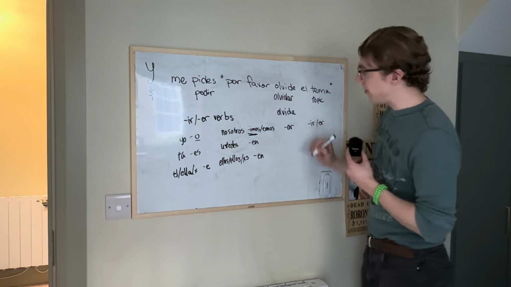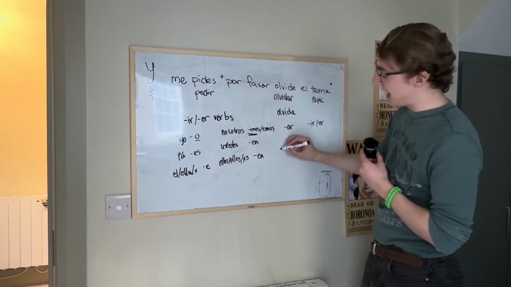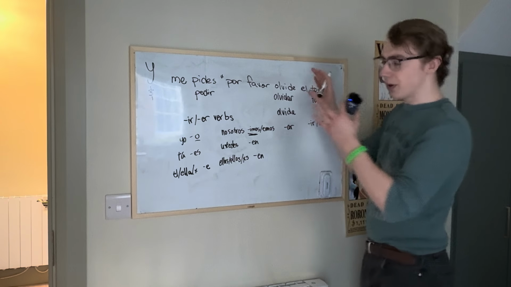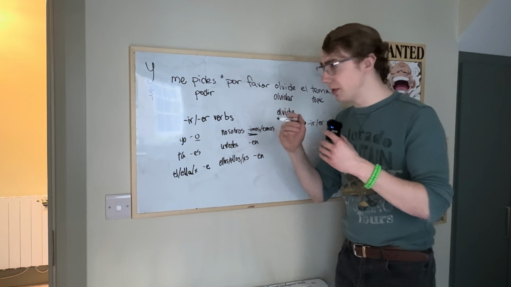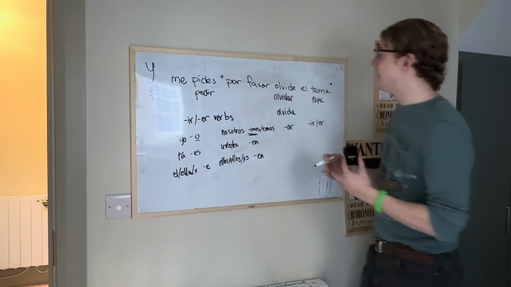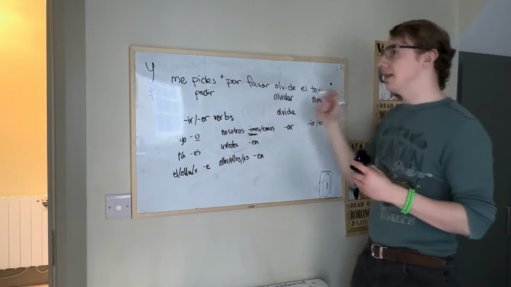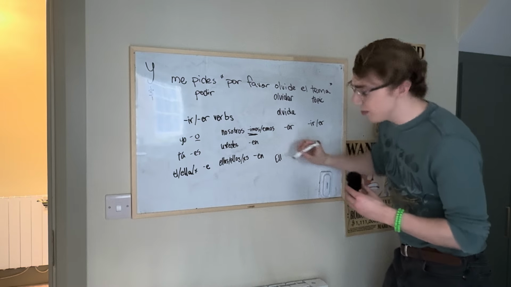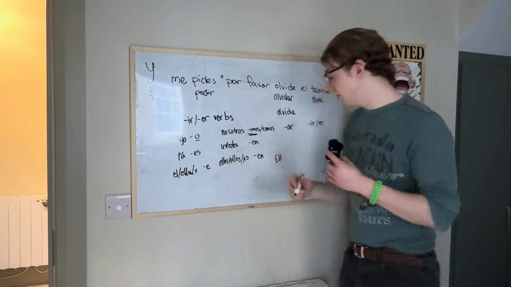So, for example, what's being described here? This person, the listener to this song, the person to whom Vincent or Vicente is singing, is asking that Vincent forgets the topic. So I'm going to say ella, she, could be a he or a she depending on who you're singing to.